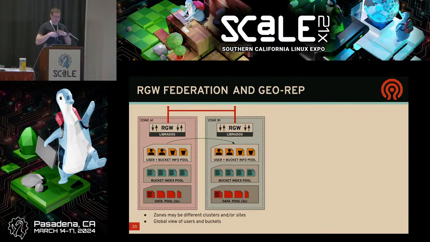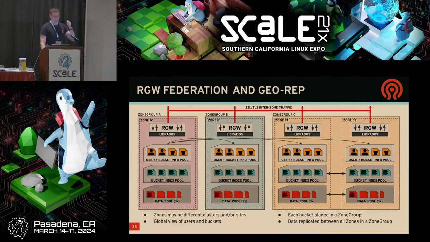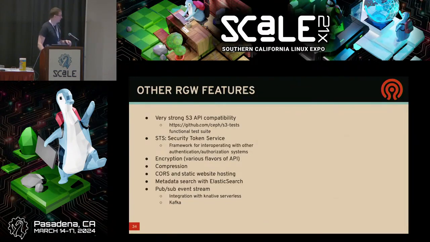And you can get a global view of users and buckets across all the zones. But a particular zone is going to be the primary for a bucket, and it'll get all the data first, and then it replicates the contents of that bucket out to the other zones that are targets for that replication. But this is great for having S3 compatible object storage that gets spread out all over the world.